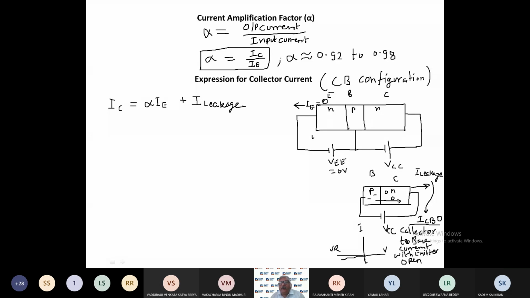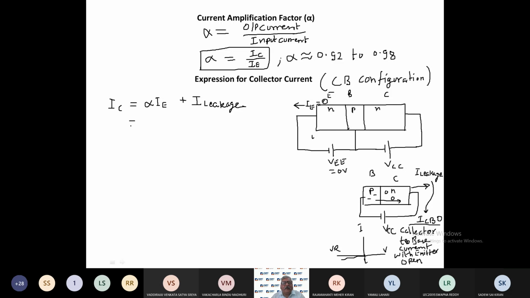Right? Emitter open means the emitter base junction is not connected with any biasing. VE is 0 volt, so emitter is open. So emitter open means IE is 0. So whenever IE is 0, you will find the leakage current in the collector terminal, and that is denoted by ICBO.